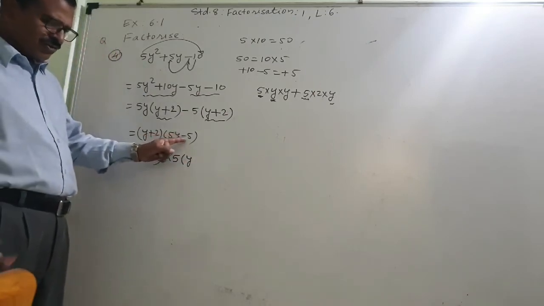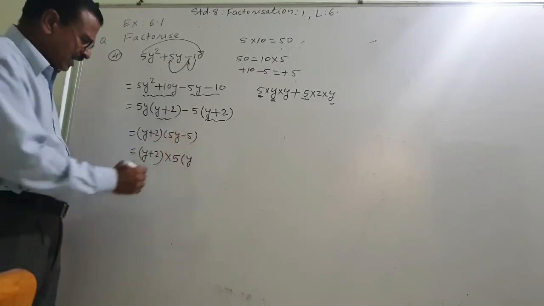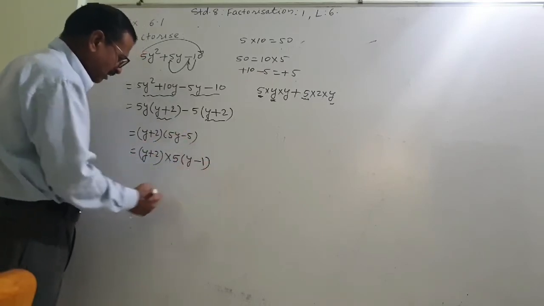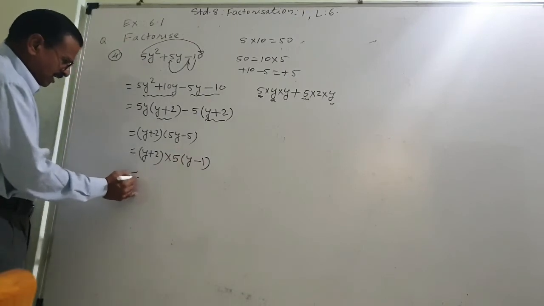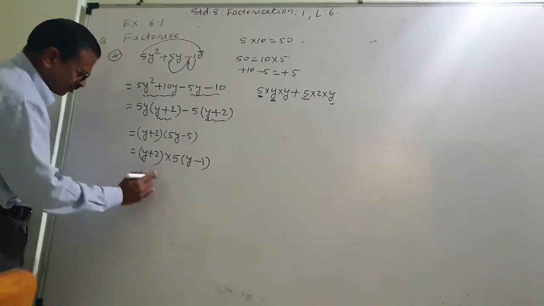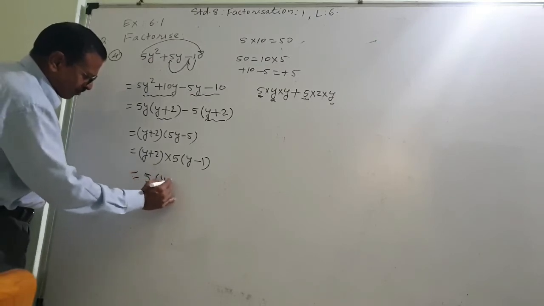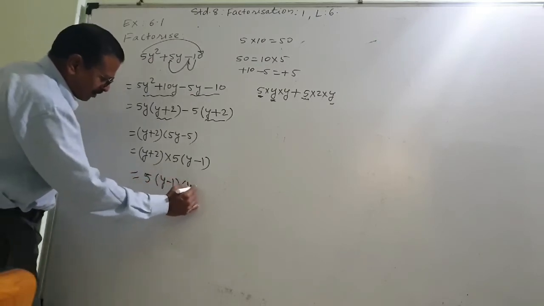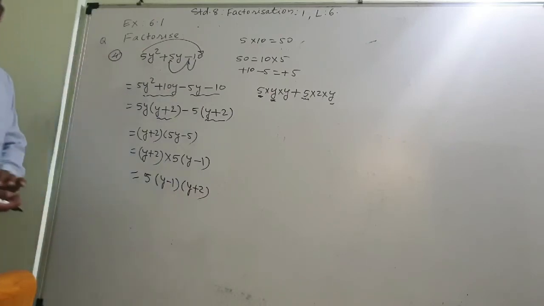Now this is 5 into 1, out of that 5 is taken, so minus 1 will remain. And this 5 I will write here, this whole I will write here: 5 into y minus 1 and y plus 2. These are the factors.